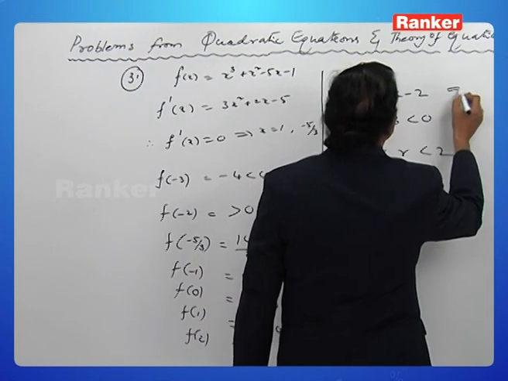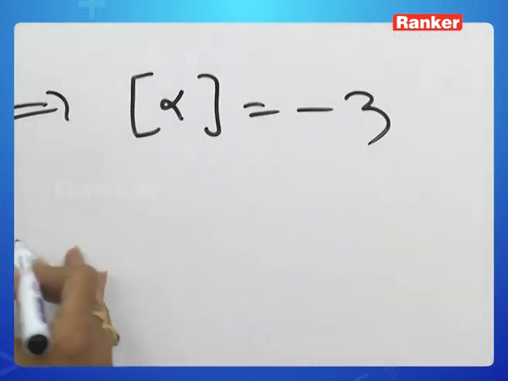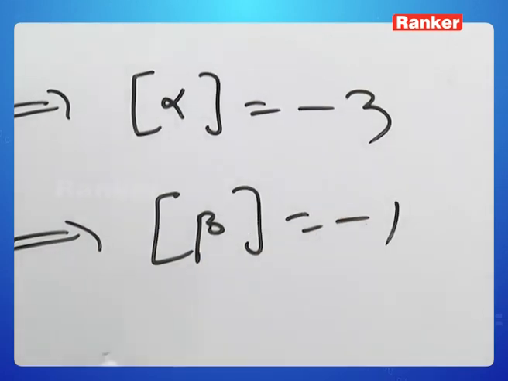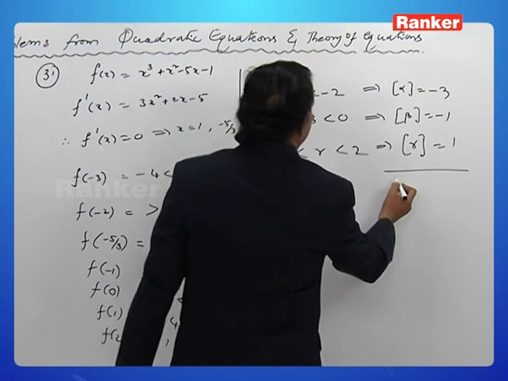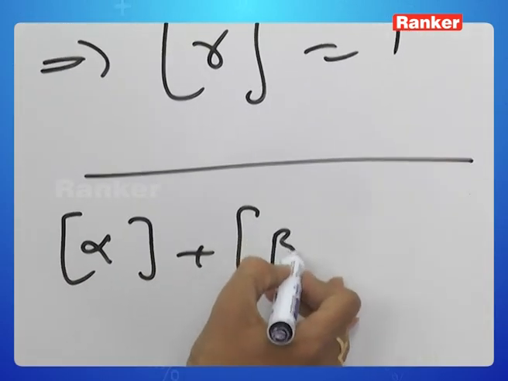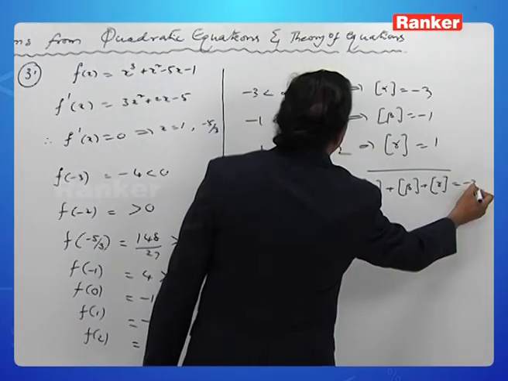Well, from this, integral part of alpha is minus 3. From this, integral part of beta is minus 1. From this, integral part of gamma is 1. Add all of them. Integral part of alpha plus integral part of beta plus integral part of gamma is minus 3.